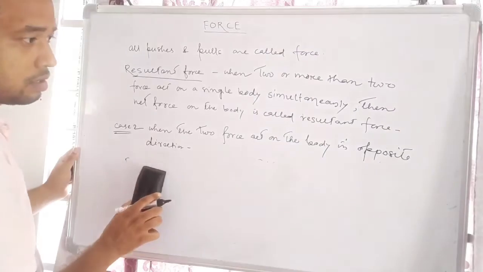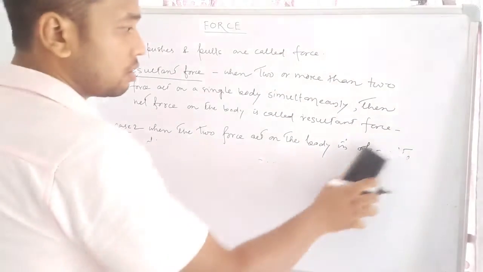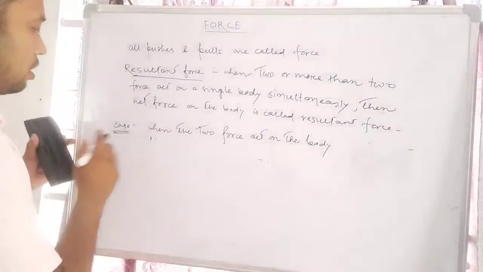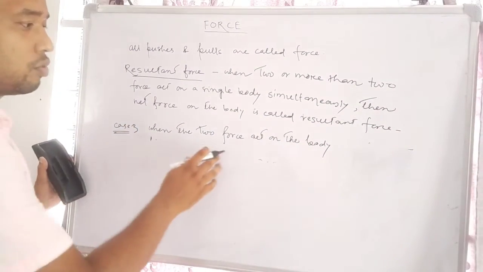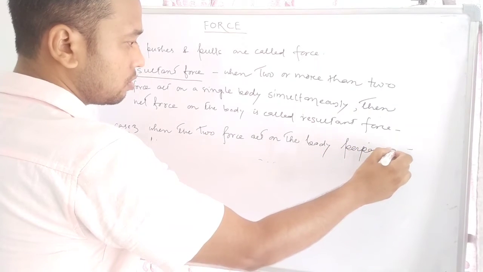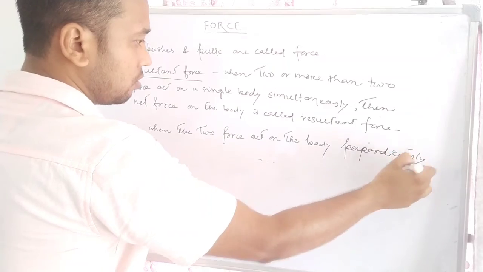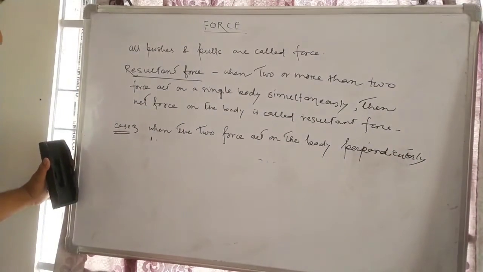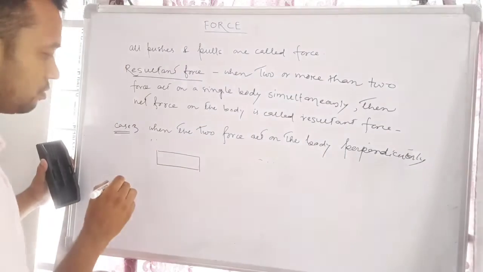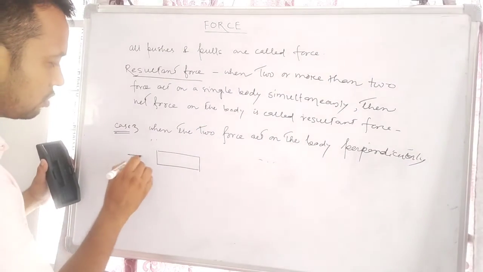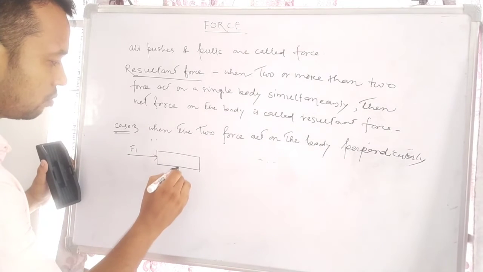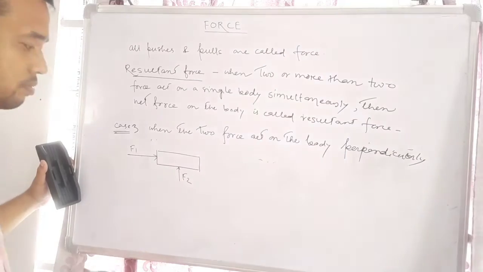So next there is another condition, case 3, when the two forces act on the body perpendicularly. Okay, if they act perpendicularly, suppose this is the body, one force act along this direction and another force on the body along this direction.